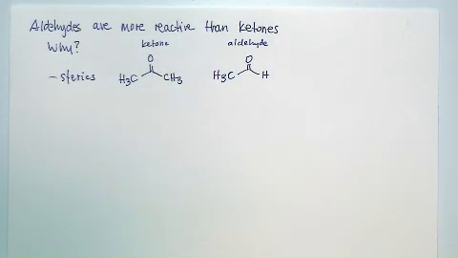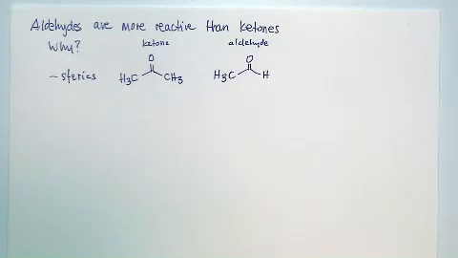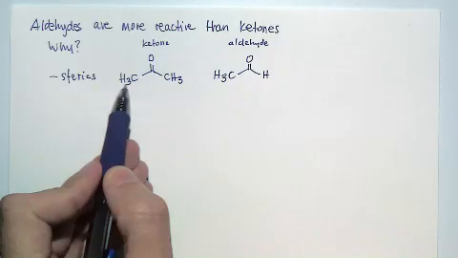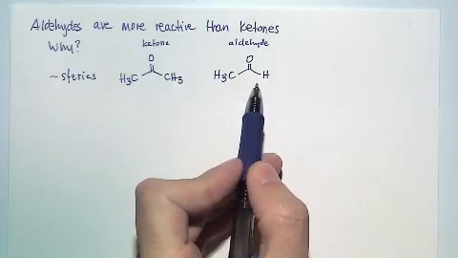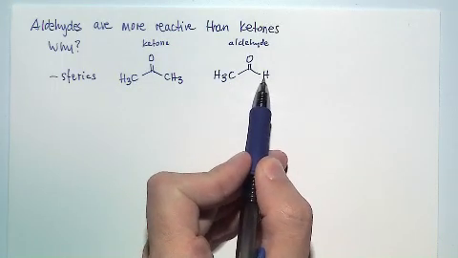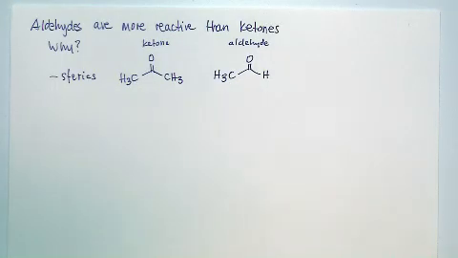So what is the difference in sterics around that carbonyl carbon, which is the electrophilic point in the molecule? Well, in the ketone, we've got two methyl groups. So generally speaking, methyl groups aren't huge by any stretch of the imagination. But in the aldehyde, we've got one methyl group and then just a teeny tiny little hydrogen.